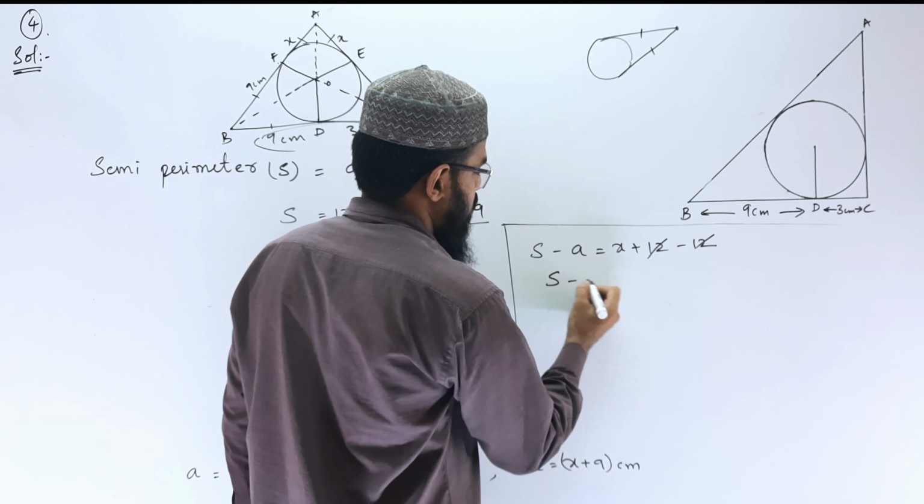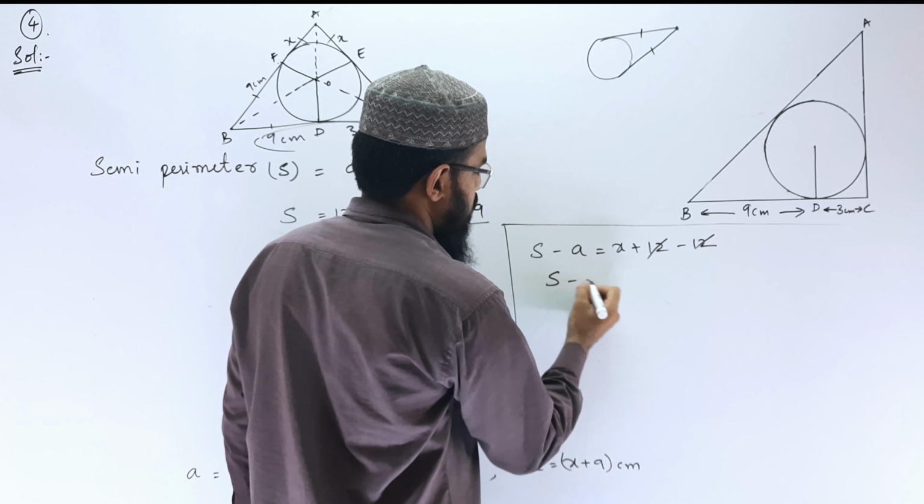Next, s minus b. What is s? s is x plus 12 minus b, b is x plus 3. So x plus 12 minus x minus 3. The x cancels, 12 minus 3 is 9. So s minus b is 9. Next, s minus c we have to find.